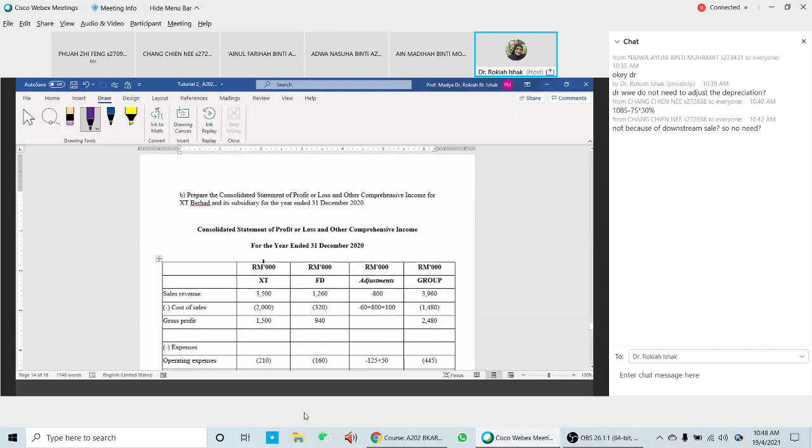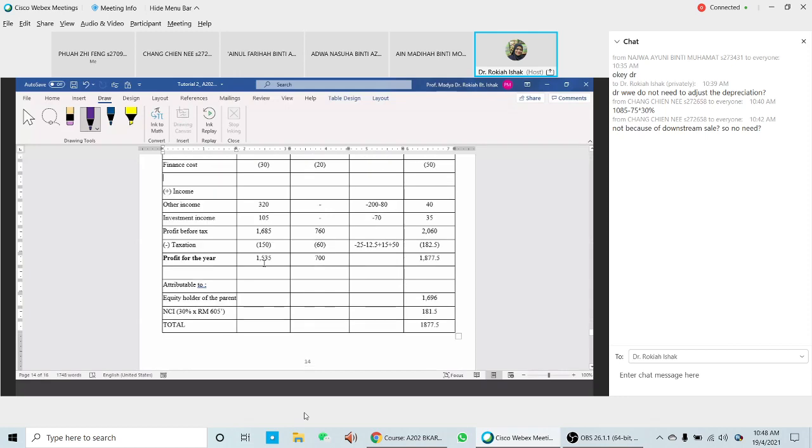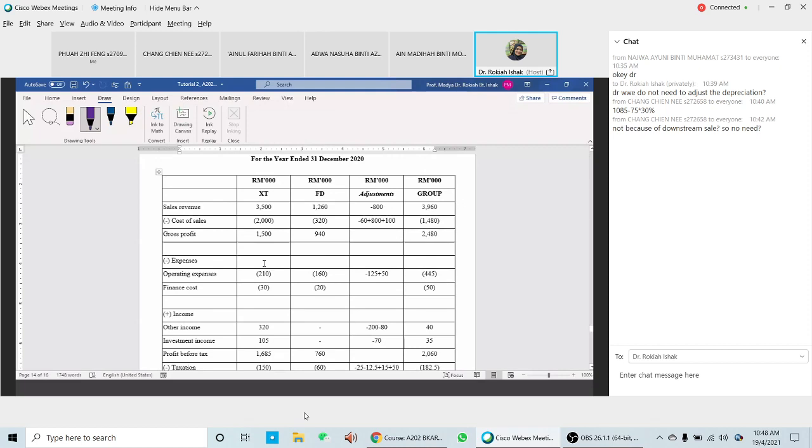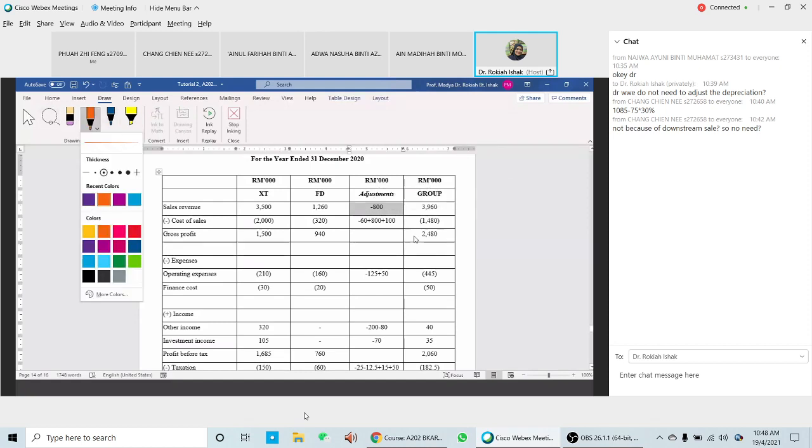I just show you the statements. For the gross profit, you just copy the figures that you have there. So this is what you have. For sales revenue, just minus 800 here, which is the intra-group sales in the current year. Then minus the intra-group sales in COS.